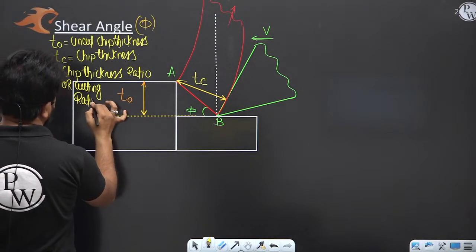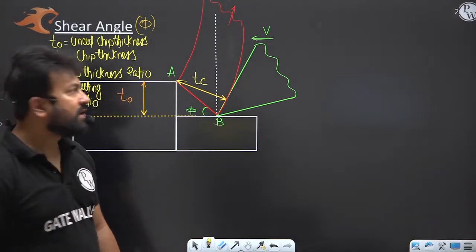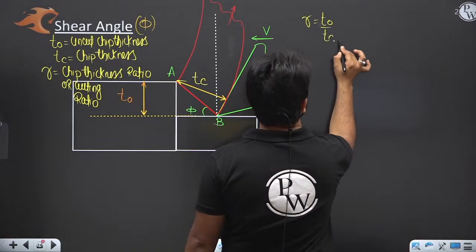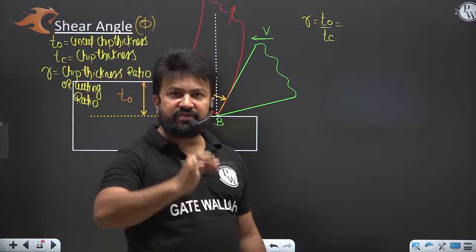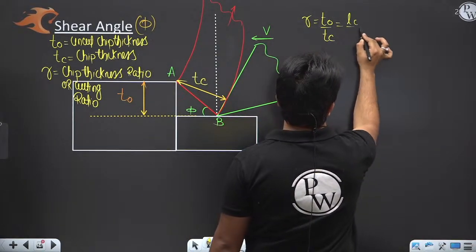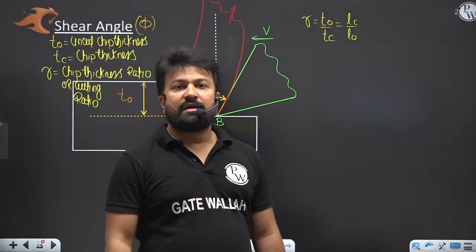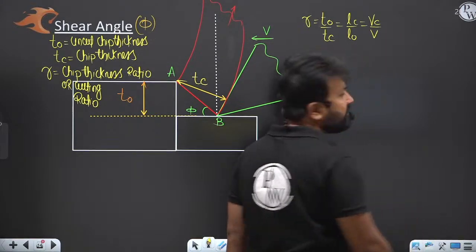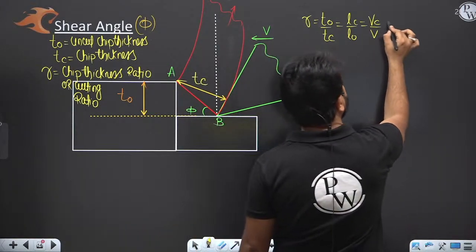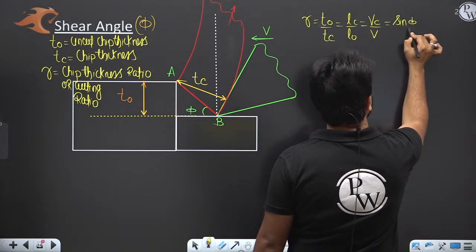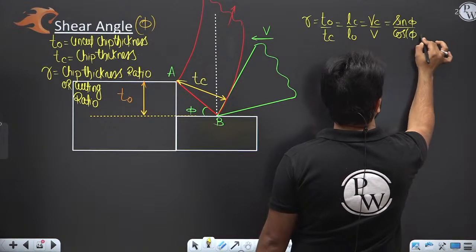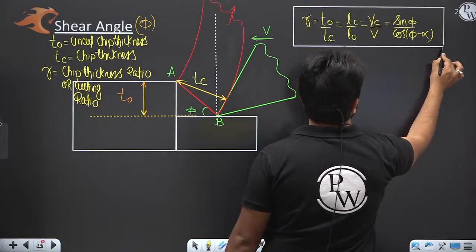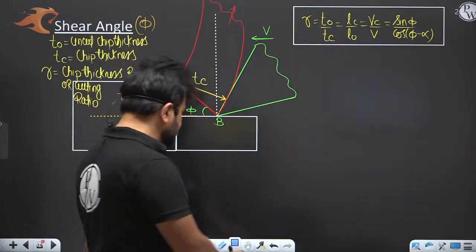So basically r equals t naught by t, equal to the length of the chip by the uncut length, equal to the chip velocity divided by the cutting velocity, equal to sine phi divided by cos of phi minus alpha. Please remember this formula.